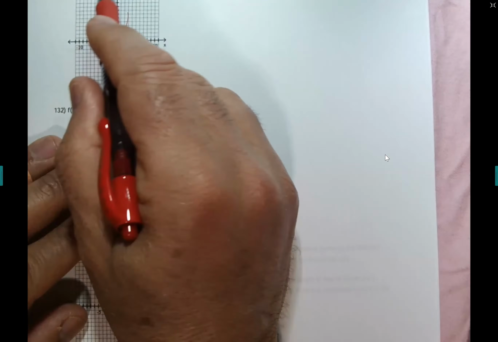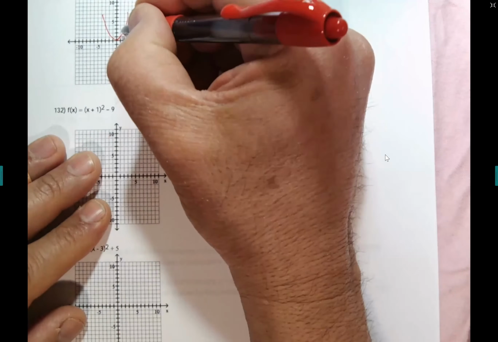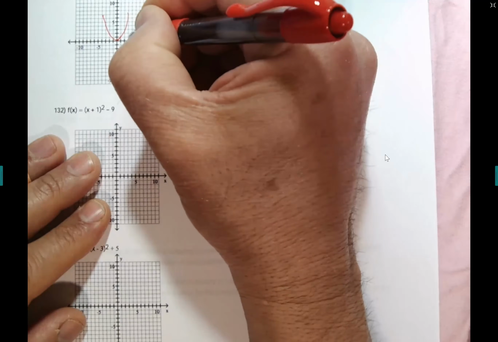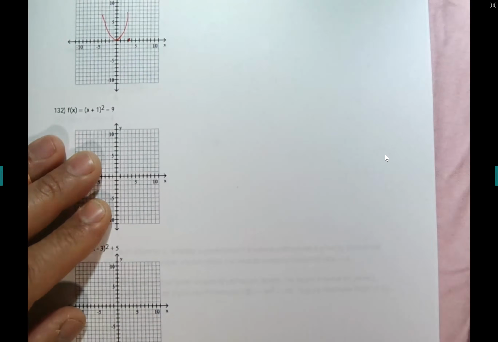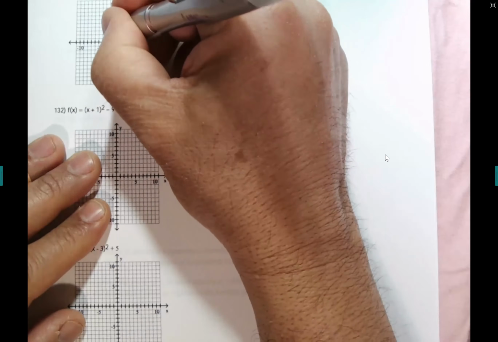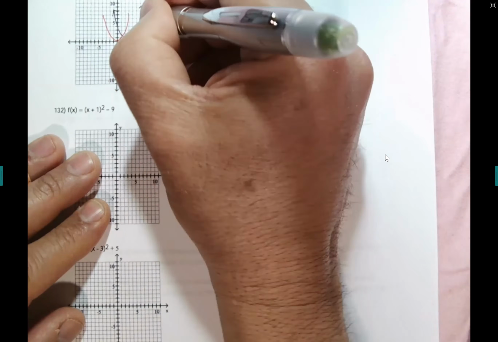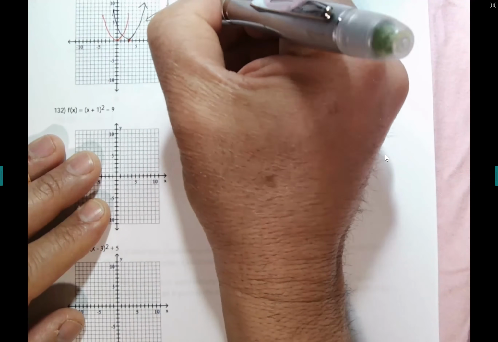X minus 3 squared means you have to move x squared 3 units to the right. So if I move it 3 units to the right, it will be right here. Let me just use a different color. And that is f of x equals x minus 3 squared.